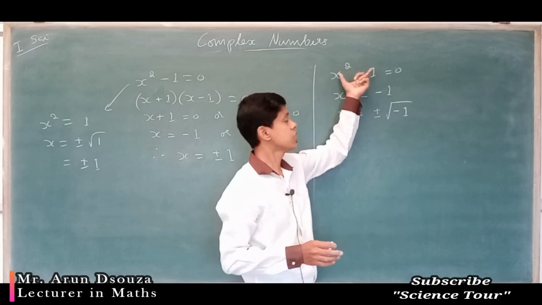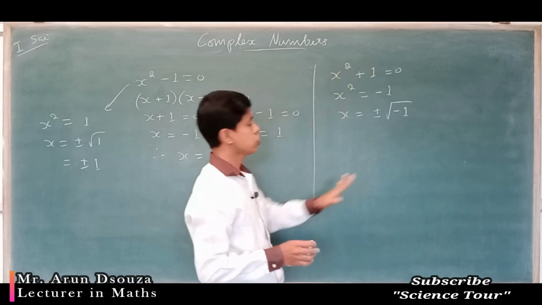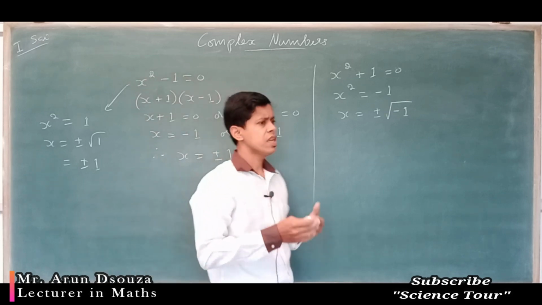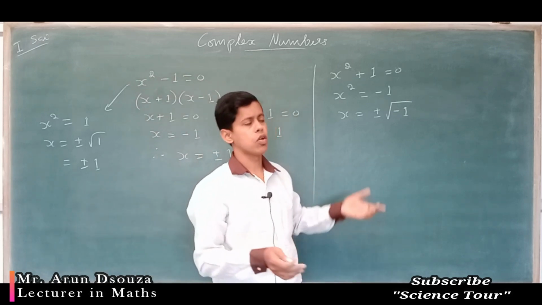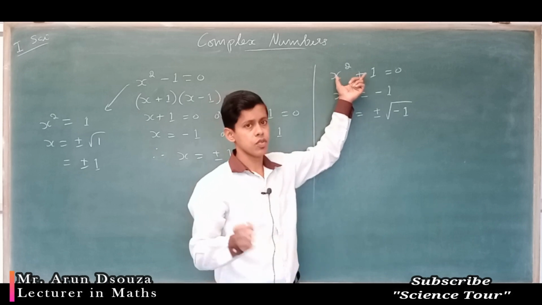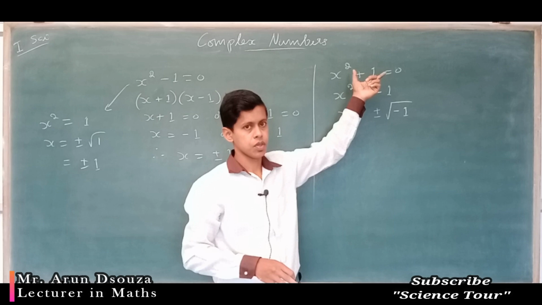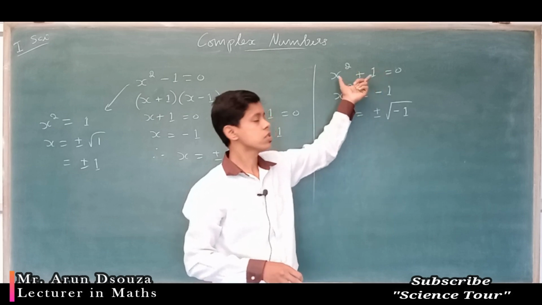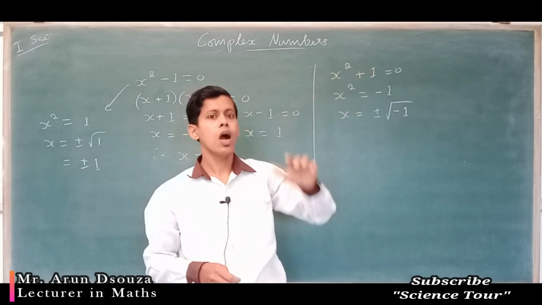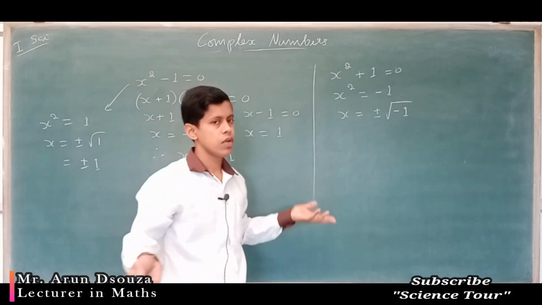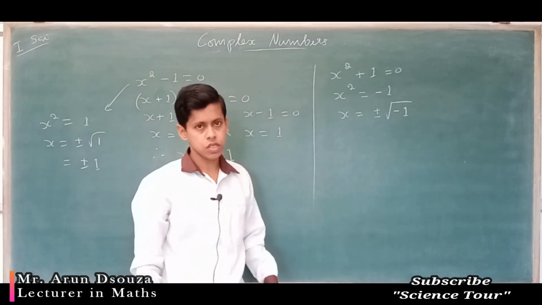It does not have roots. But in real life situations, when we solve problems, we come across this kind of quadratic equation for sure. So if you come across this kind of quadratic equation, how do you proceed? What is your conclusion? You just say, well, this equation does not have a solution.